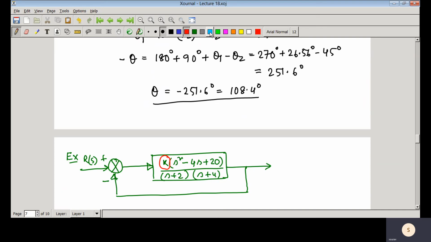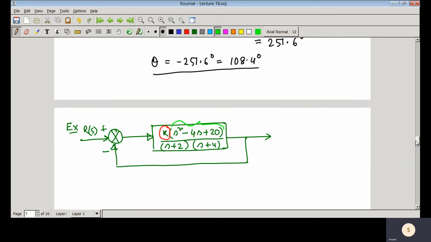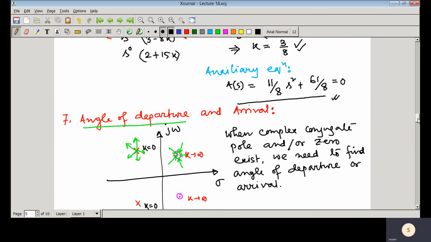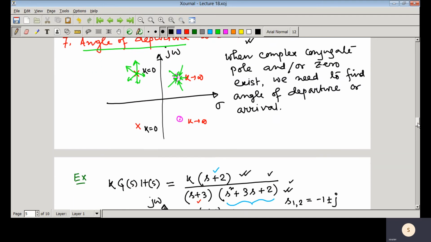In this case, if you look at the numerator part, you can see it has two complex conjugate zeros, S1 and S2. If you find those zeros, it would be 2 plus minus 4j. So these are the two complex conjugate zeros. And in rule 7, we have discussed that we need to find the angle of arrival whenever you have complex conjugate zeros.